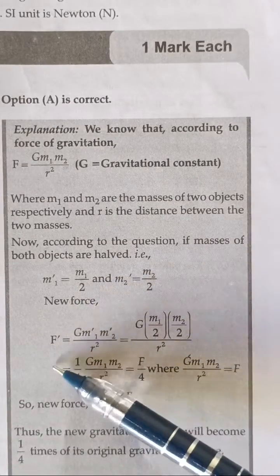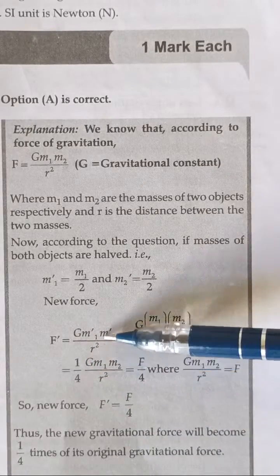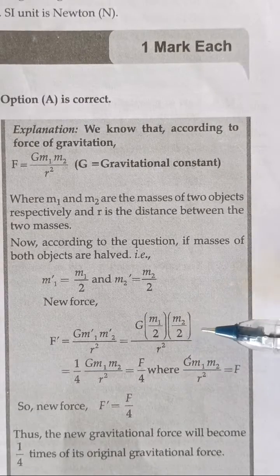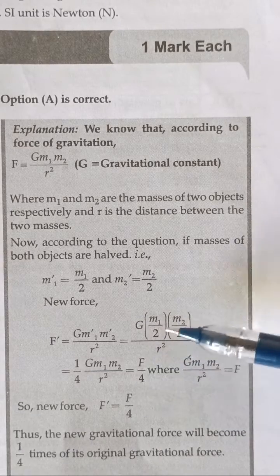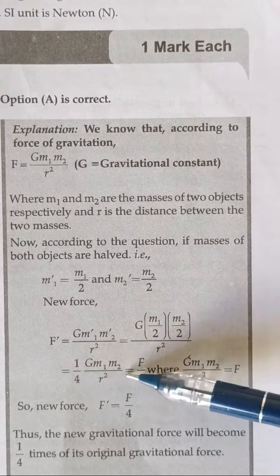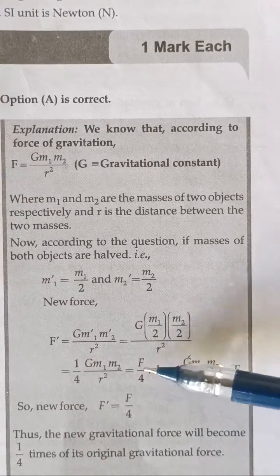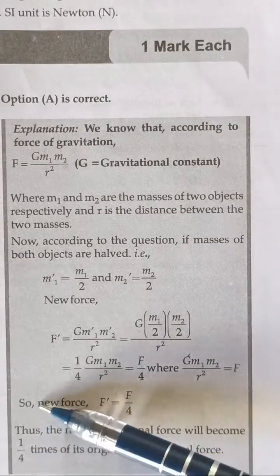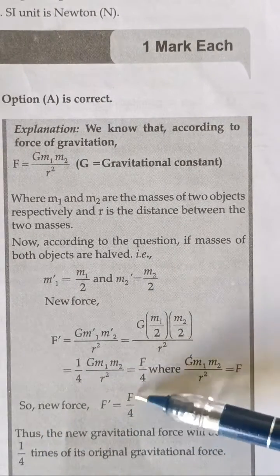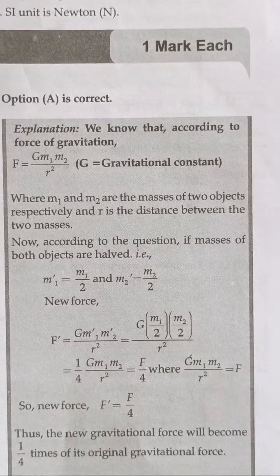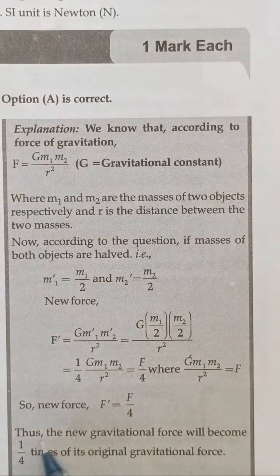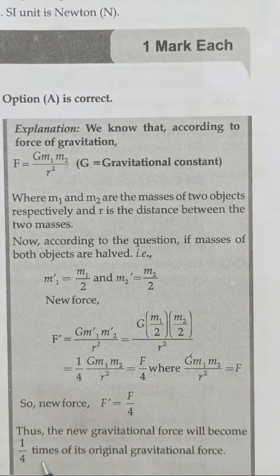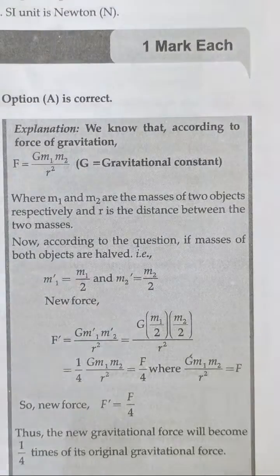New force F equals G (m1 upon 2)(m2 upon 2) upon r square, equals 1 upon 4 G m1 m2 upon r square, which equals F upon 4, where G m1 m2 upon r square equals F. Thus, the new gravitational force will become 1 upon 4 times its original gravitational force.